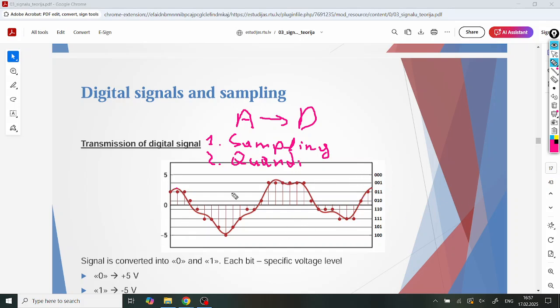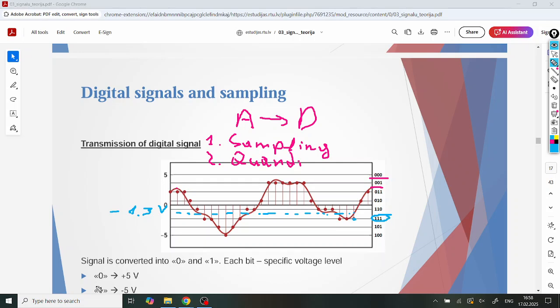Now, what is important to mention here is that each level also has a binary code word assigned to it. So for example, this point means that instead of a specific voltage level, which was maybe something like 1.3 volts or something like that, you are going to send the binary code word 111.